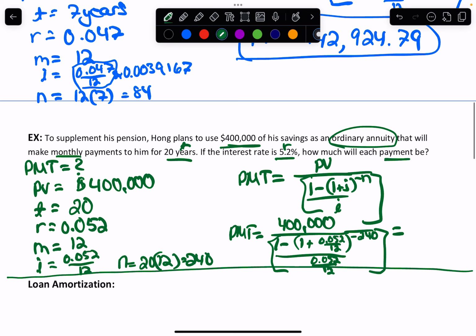When you plug this into the calculator, it's going to give you $2,684.22.